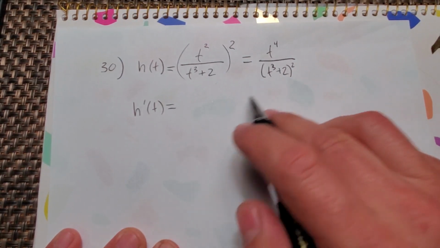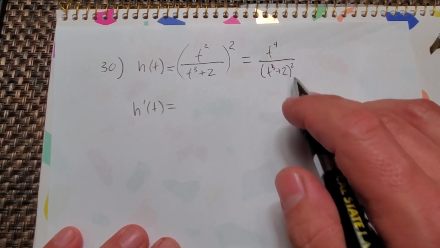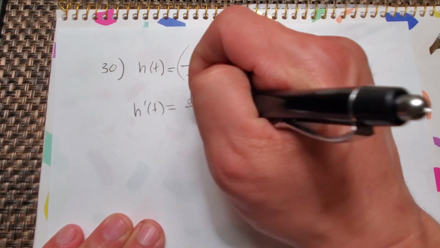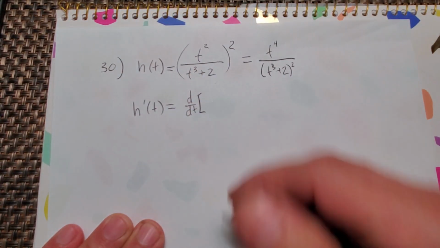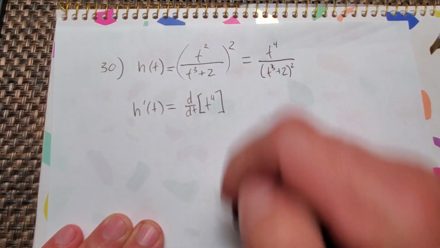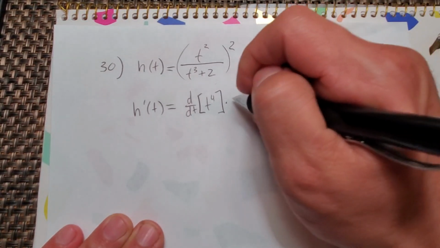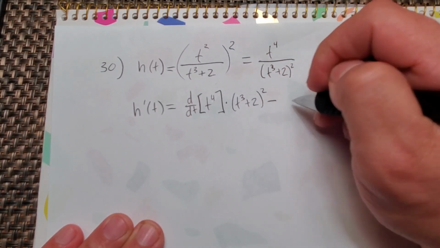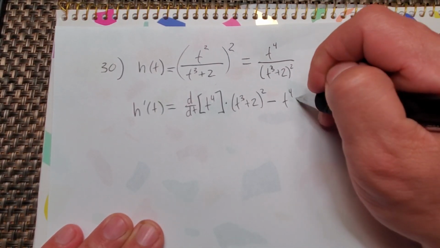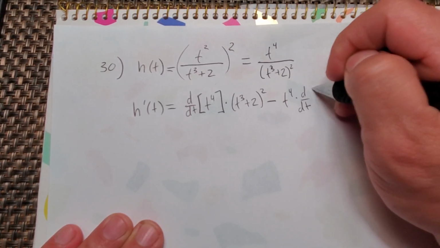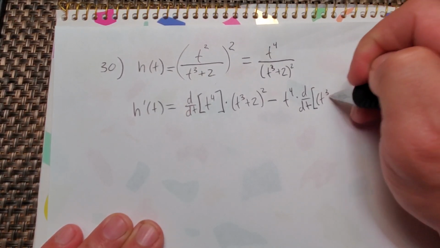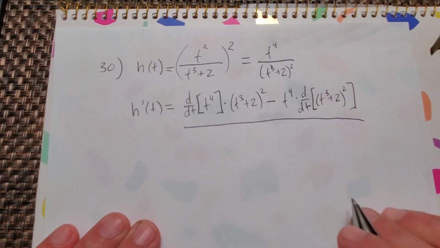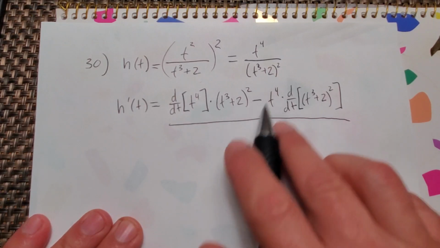In order to take the derivative of this function, I have to use the quotient rule. And the quotient rule says this. It says, first, take the derivative of the top times the denominator, minus the numerator times the derivative of the denominator, all over the denominator squared.